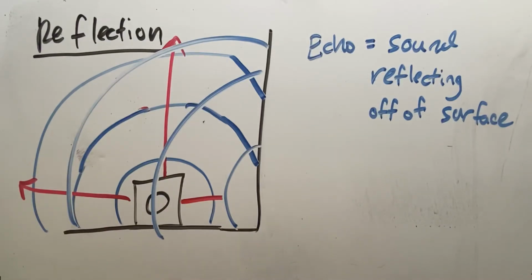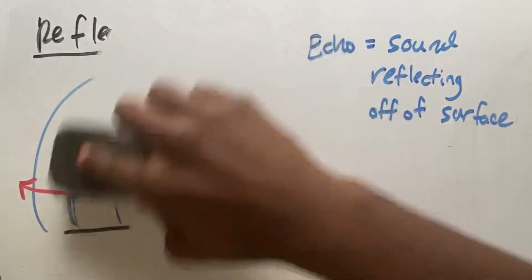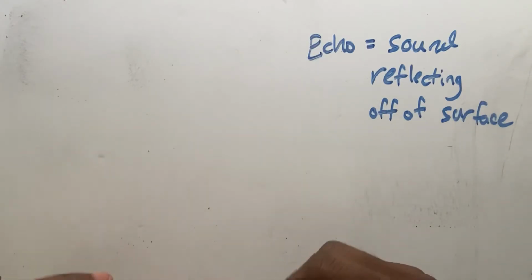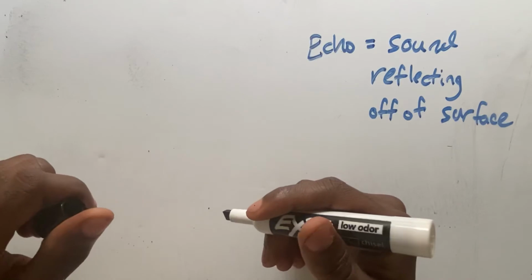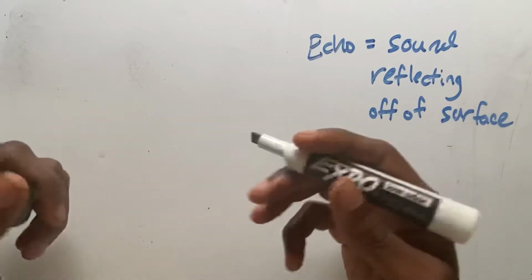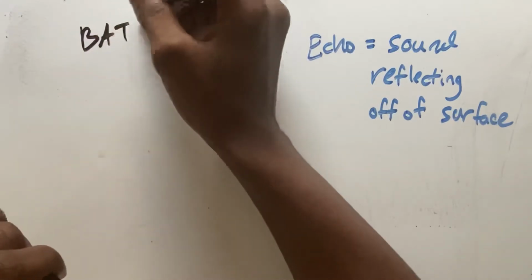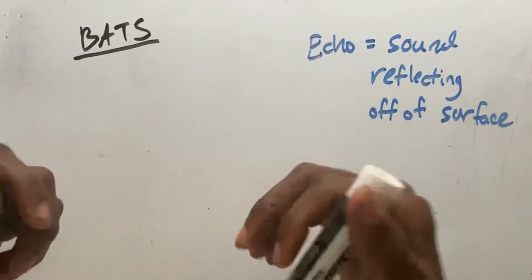And so I think there's a question in the Mastering Physics homework that I want to run through here real quick because it's a little bit math based. I think it goes something like, there is a bat, and bats are blind, right? Bats basically see using echolocation.